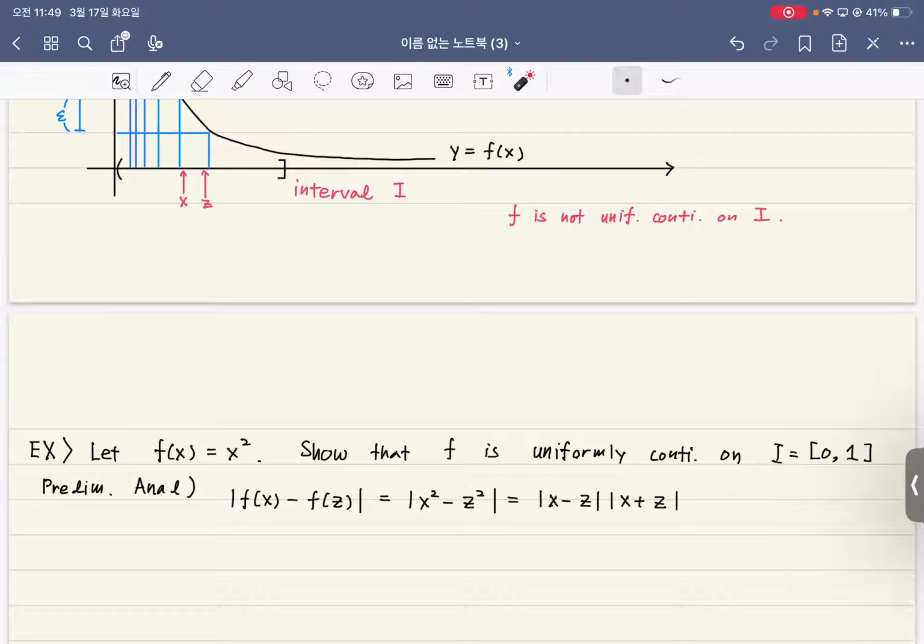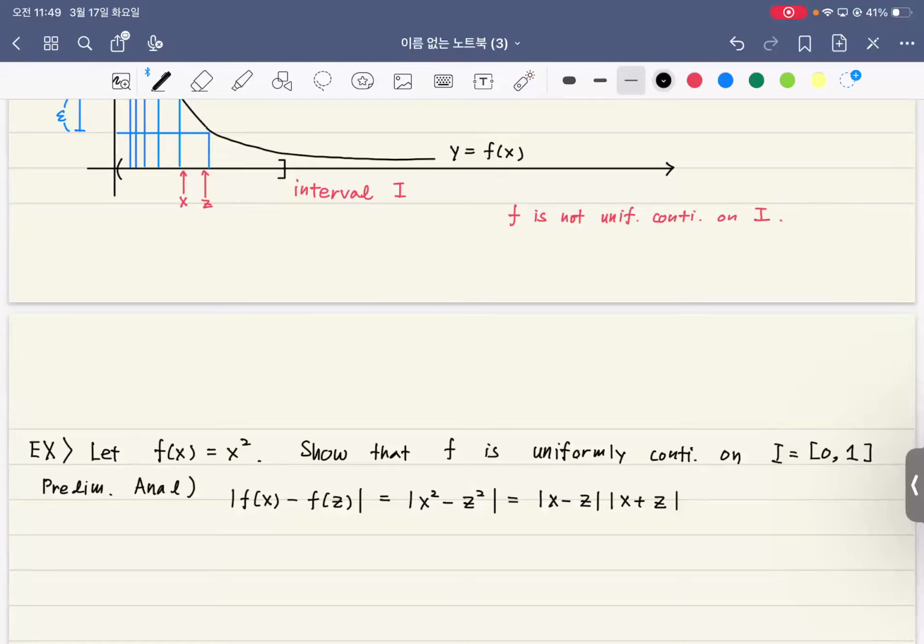But there is one condition. These two points, x and z, must be points in this interval. Therefore, x and z are at most what? They are at most 1, right? So the second factor, the absolute value of x plus z, must be bounded by 2.